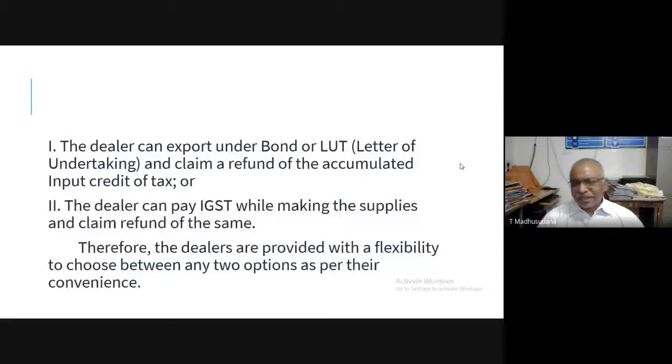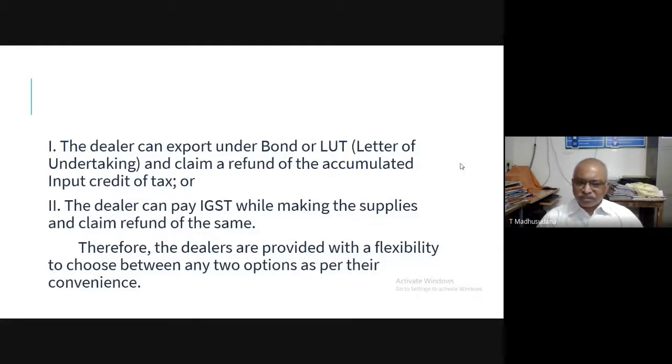And the second option is that the dealer can pay IGST while making the supplies and claim a refund of the same. So these are the two options available.